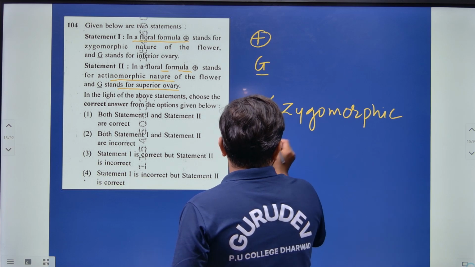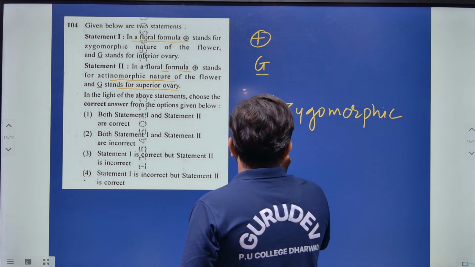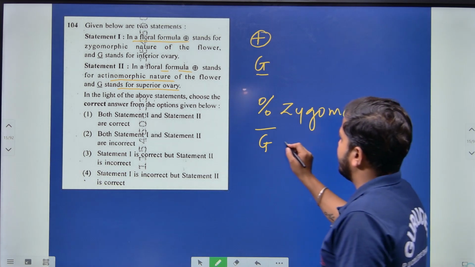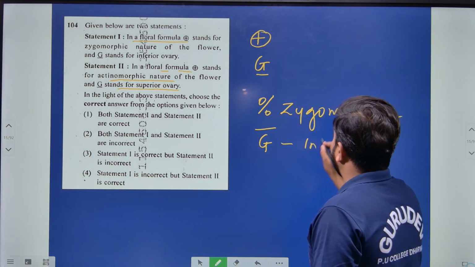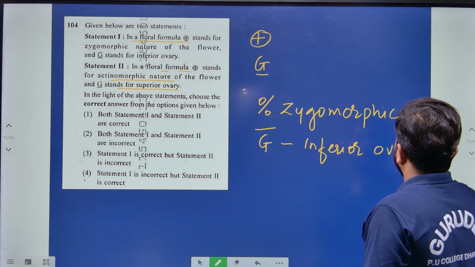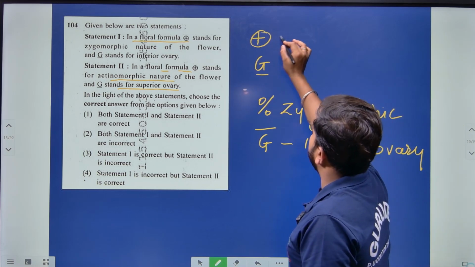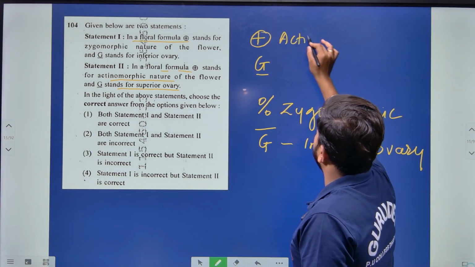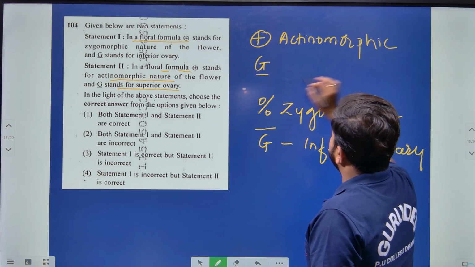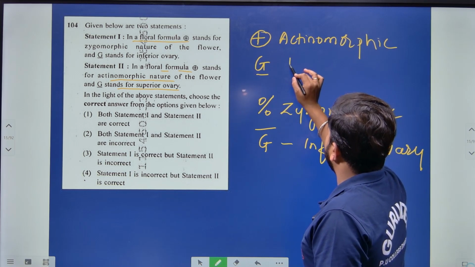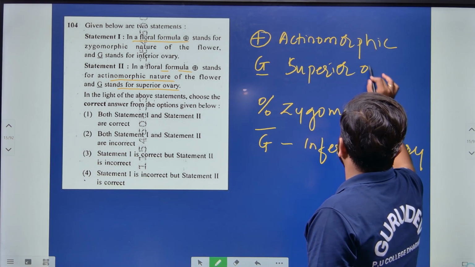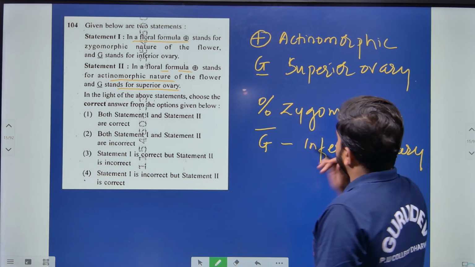If I consider an inferior ovary, I give a dash above the G. Both of these symbols are related to actinomorphic, and the dash below is related to the superior ovary. Understanding?